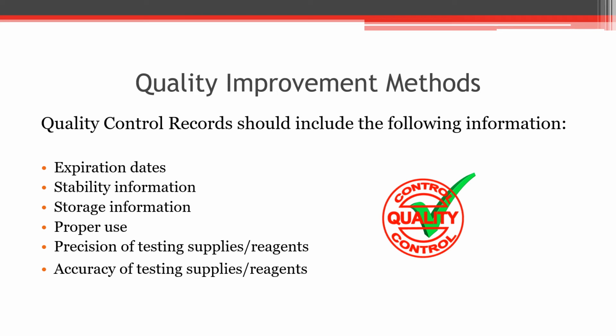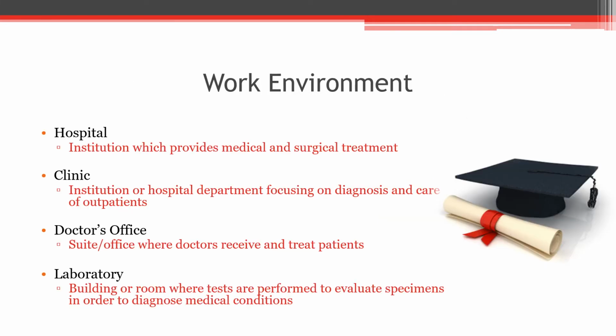Quality control records should include the following information: expiration dates, stability information, storage information, proper use, the precision of testing supplies or reagents, and accuracy of testing supplies or reagents.